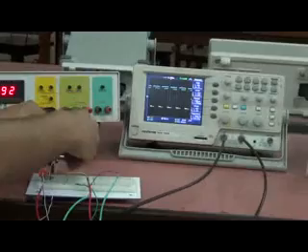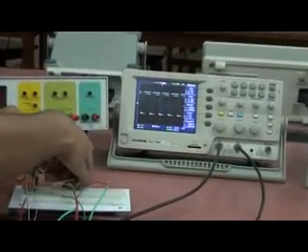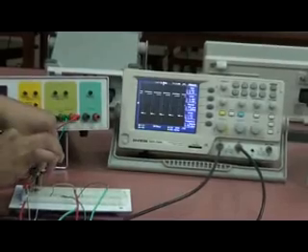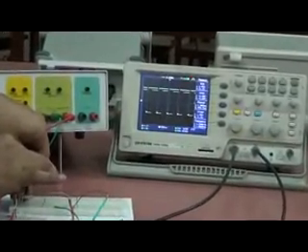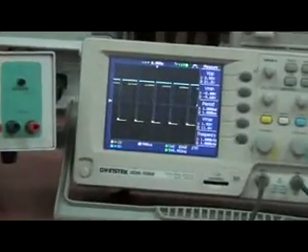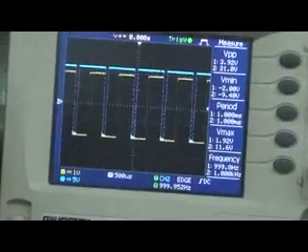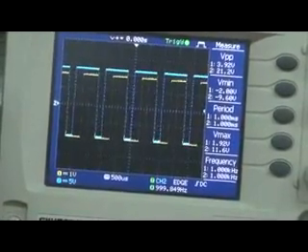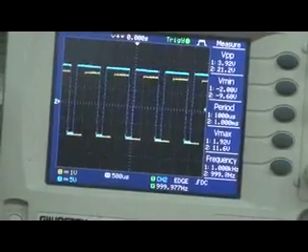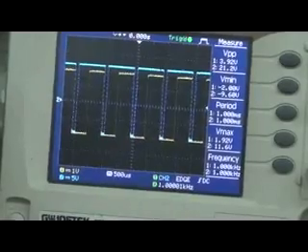The pulse width can be varied by moving this pot knob clockwise or anti-clockwise. As can be seen on the DSO, the width is being varied as we move the knob clockwise or anti-clockwise.